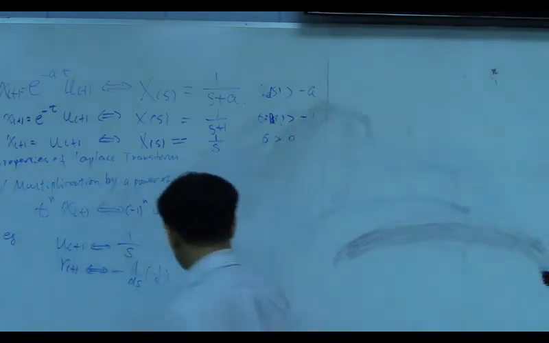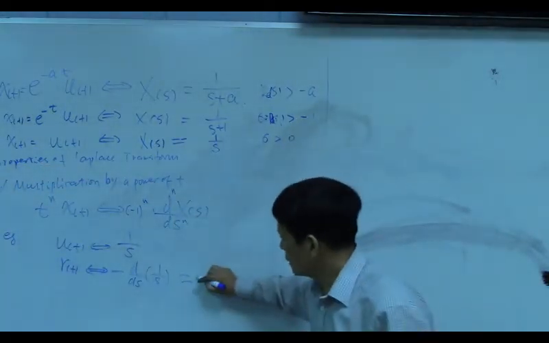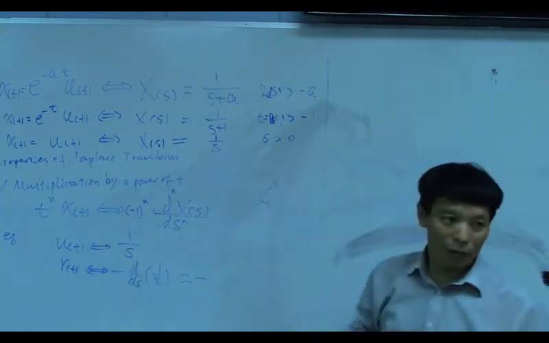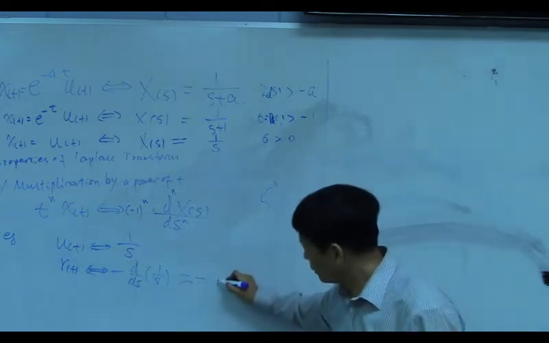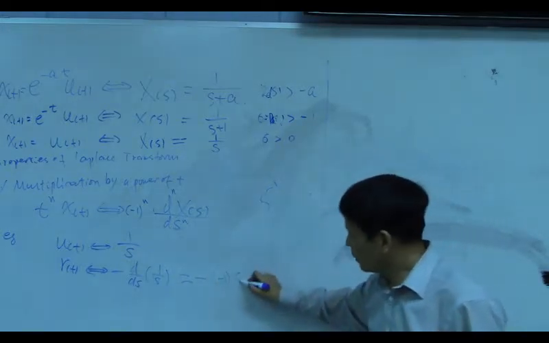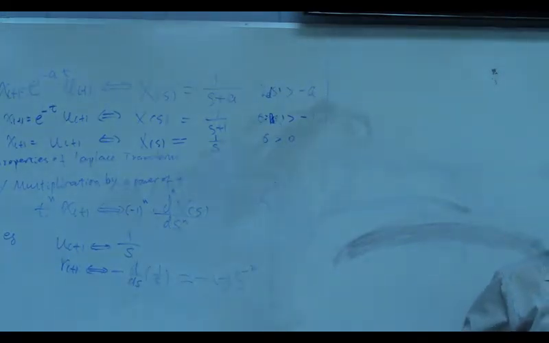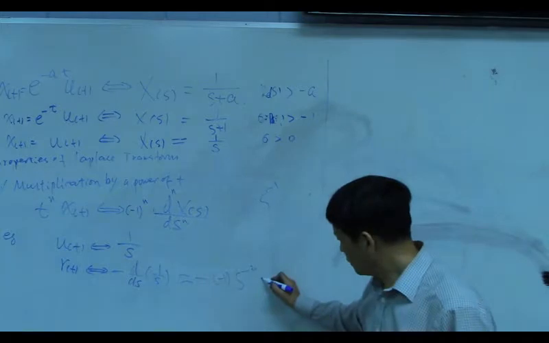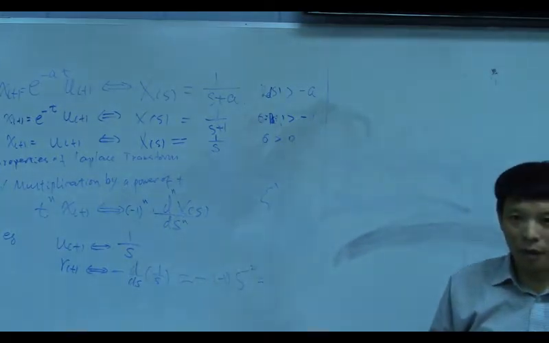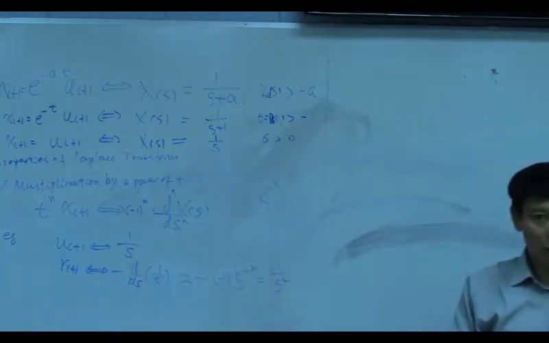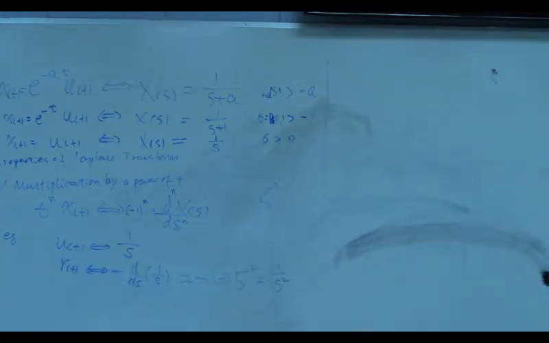Is this one equals, okay, first one is a negative sign, don't forget this, right? And this one is s to the negative 1, right? Alright, so is that one equals negative 1 to the s to the negative 2? Yes, right? So what is it? Is this good? Yes or no? Yes?